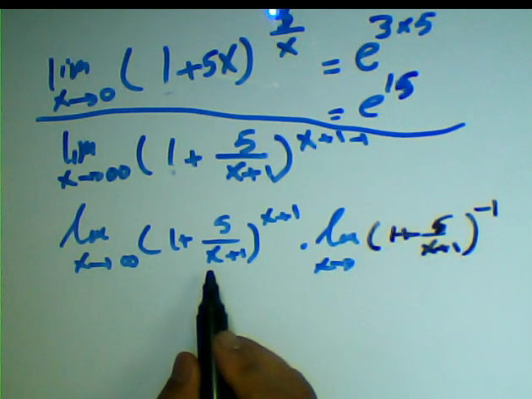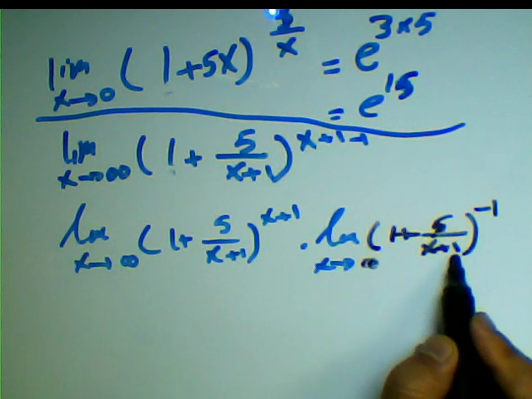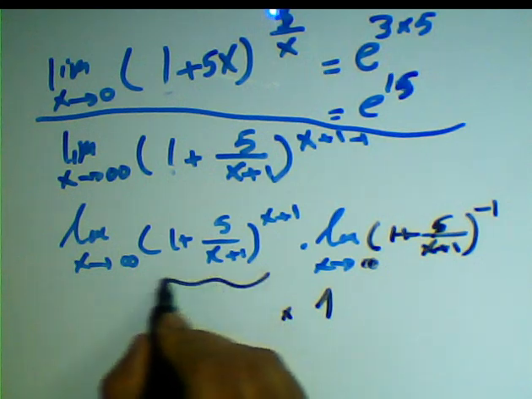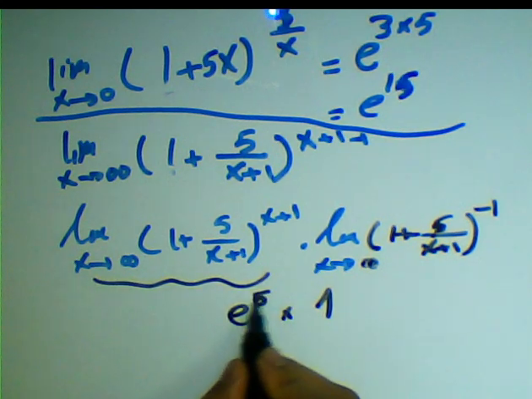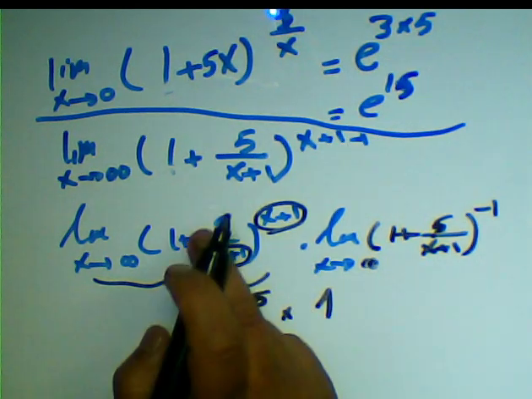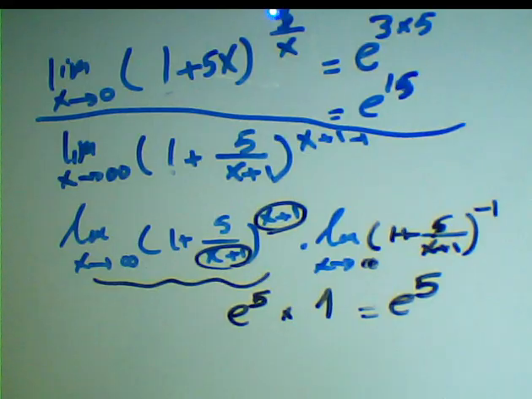Put x equal infinity here: 5 over infinity equals 0, 1 plus 0 equals 1, 1 to the power negative 1 equals 1. Multiplied by the result here, which will be e to the power 5, because the base here equals the power. The result will be e to the power 5.